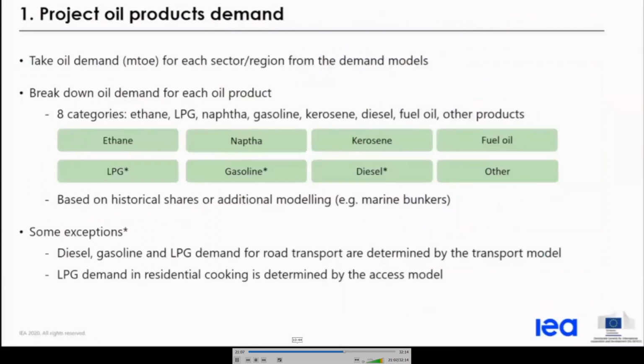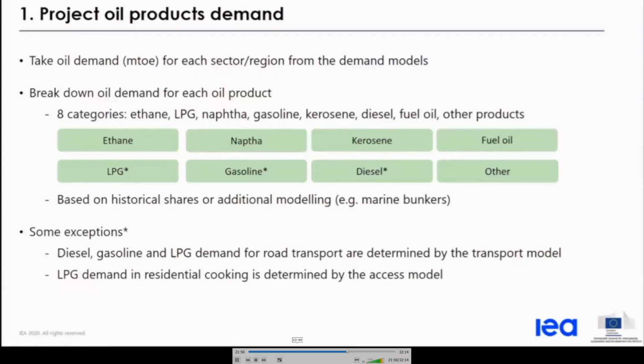First, on the oil products demand. We assess oil demand for each sector in a region from the demand modules, those that we looked at earlier. Those are broken down for each oil product: ethane, naphtha, kerosene, fuel oil, LPG, gasoline, diesel, and also other side products. There are some exceptions built within the categories, for LPG, gasoline, and diesel, where we do some calculations outside and bring them into the model based on different ways that some of these products are made.